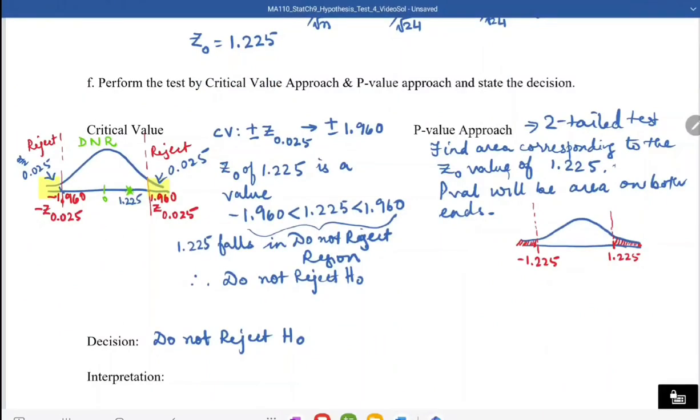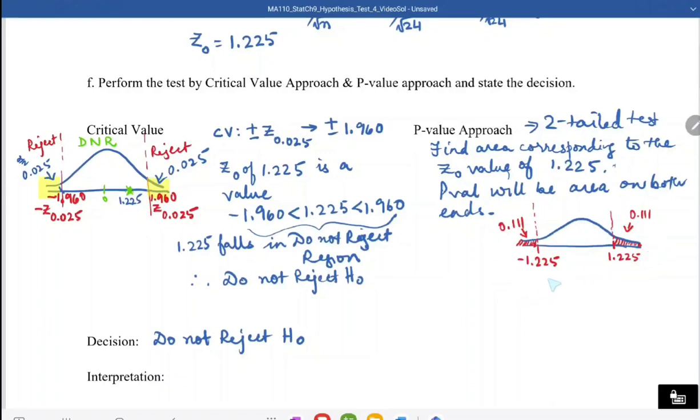What it's saying is this area is 0.111, right? Now, this area on the right-hand side is also 0.111, okay? They have the same area.